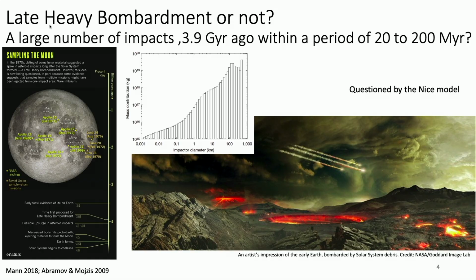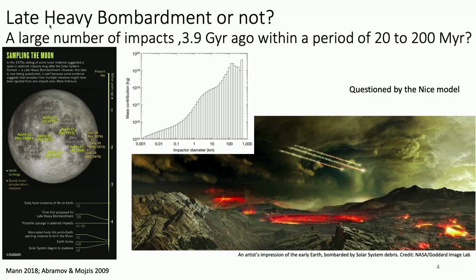After the moon forming impact, the idea, because of the record on the moon surface, is that there was a large number of impacts that hit the Earth about 3.9 billion years ago, with a period of 20 to 200 million years. This means that if that theory or those observations on the moon can be exported to the Earth, Earth would have been quite inhospitable until that period of time.